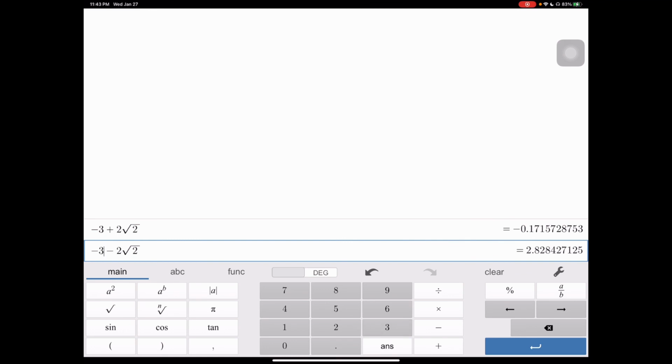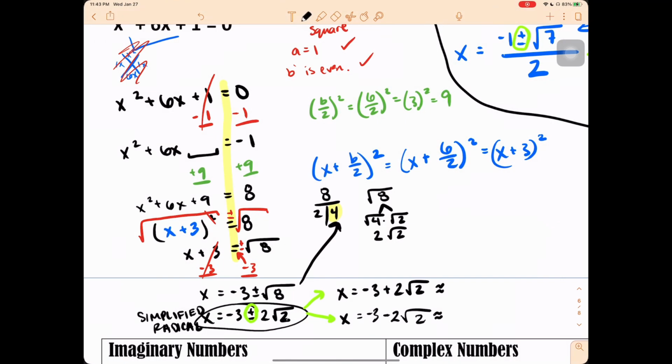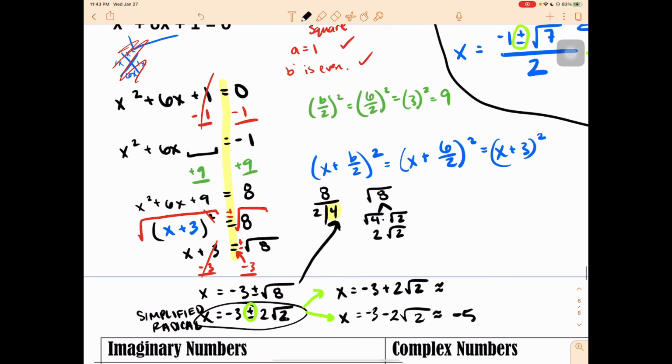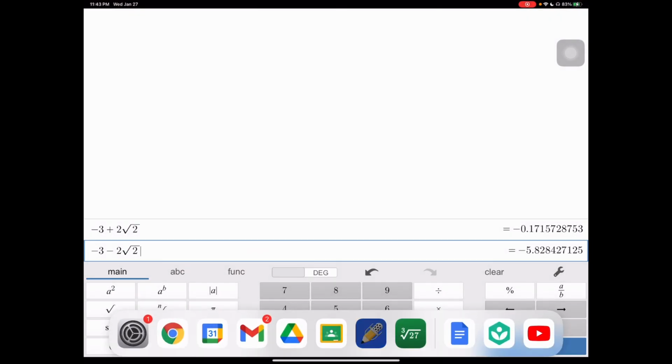Oops, forgot the 3 there. There we go. Okay, so it looks like I have negative 0.17 and negative 5.8. That 8 after the 2 bumps up the 2, so it'd be negative 5.83. What was the other one? Negative 0.17.